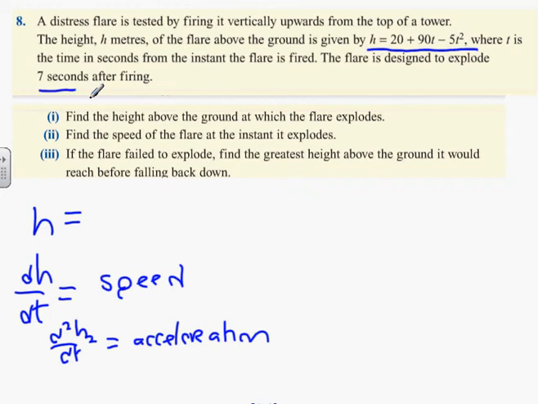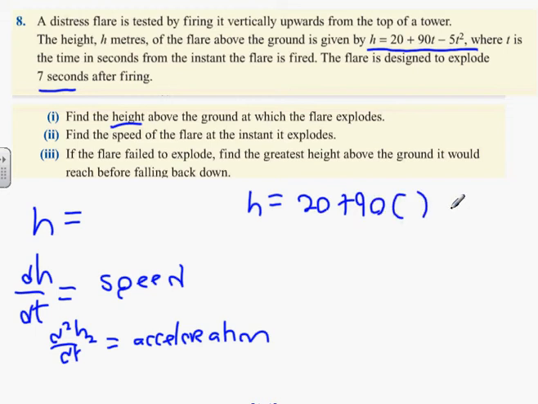So do we replace what letter into what equation? It wants the height. What is the height equation? So 20 plus 90 times whatever t is minus 5 times whatever t is squared. 20 plus 90 times 7 minus 5 times 7 squared.